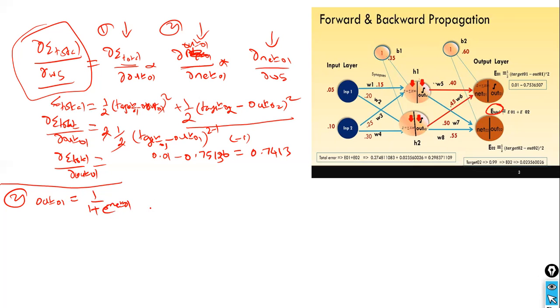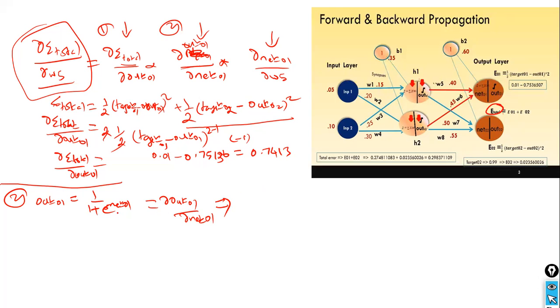This is the sigmoid function, right? When you take the partial derivative of the sigmoid function, what is the partial derivative here? So dou out O1 divided by dou net O1. When you take the partial derivative of the sigmoid function, it will be something like sigma into 1 minus sigma.